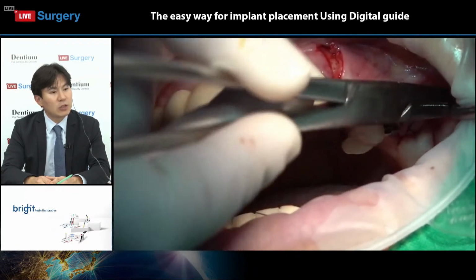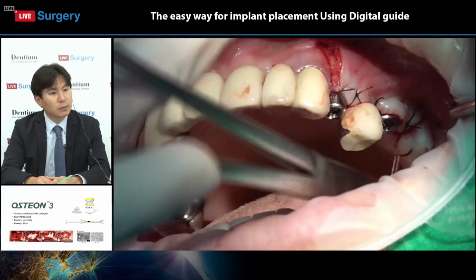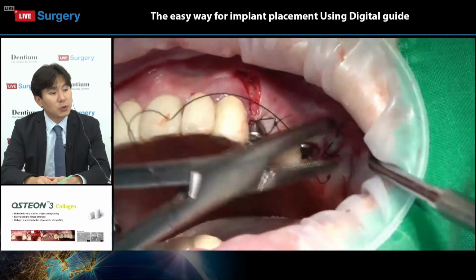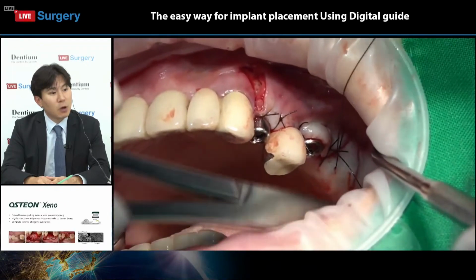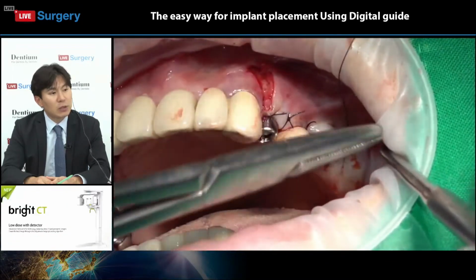And the two vertical incisions are left. Only one suture, I think, is enough to approximate the flap to the distal cutback side.